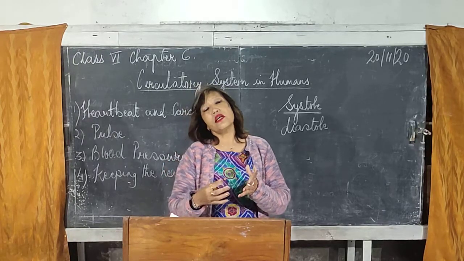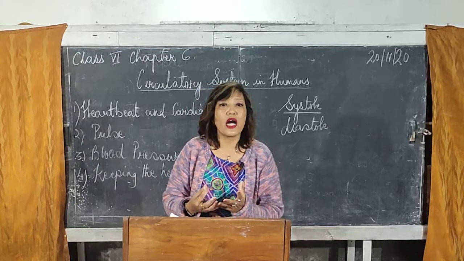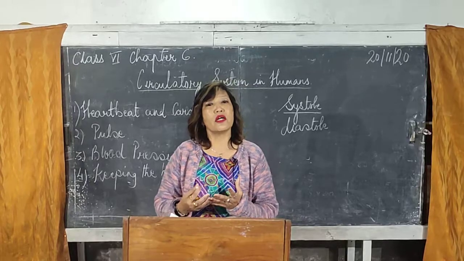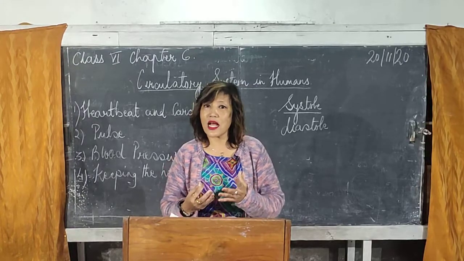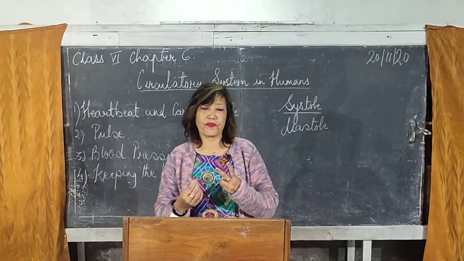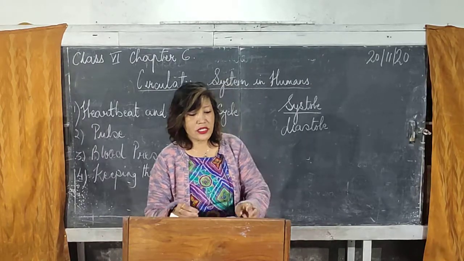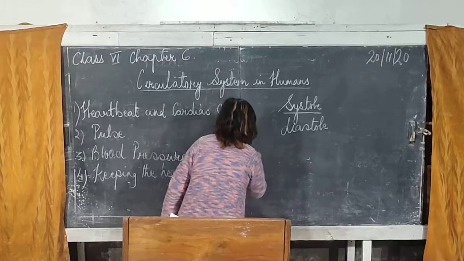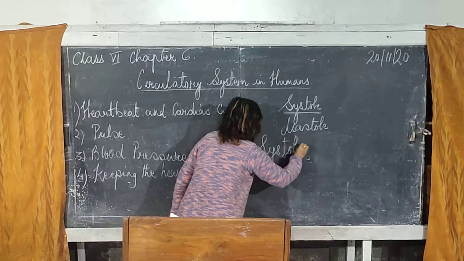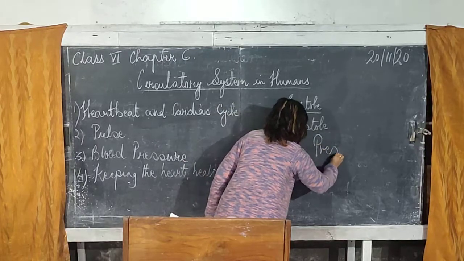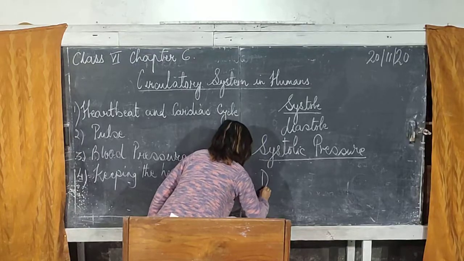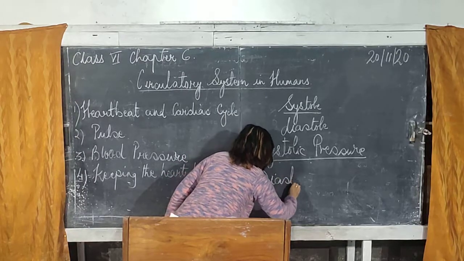Since the contraction of the heart muscle is termed as systole and the relaxation of the heart muscle is termed as diastole, there are two limits of blood pressure. One is called systolic pressure and the other one is called diastolic pressure.